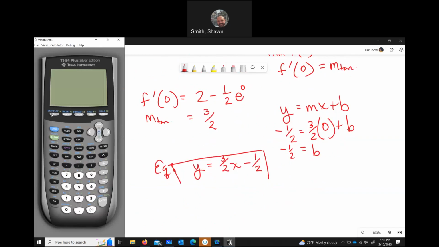Just graph both of them on here just so you can see how that works. f of x was 2x minus 1/2, I'll just put 0.5 e to the x.